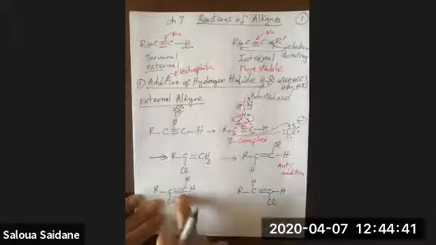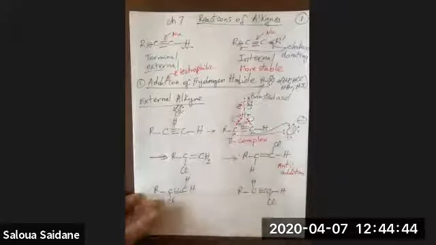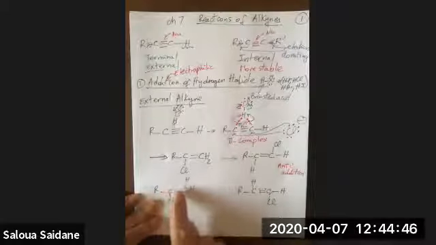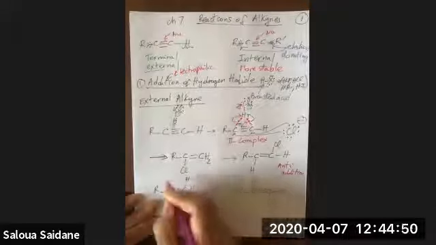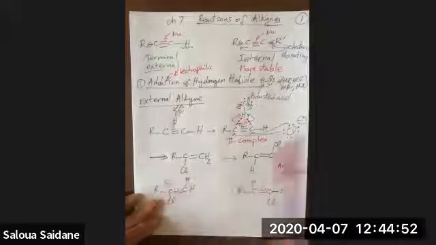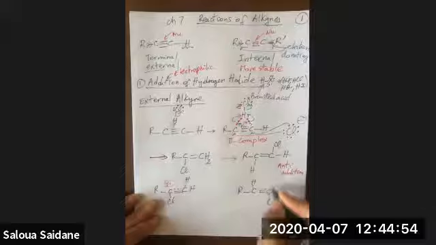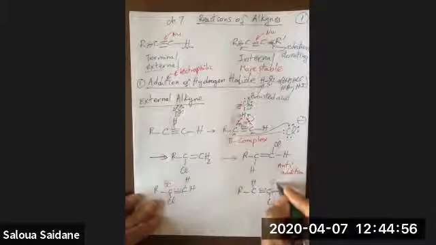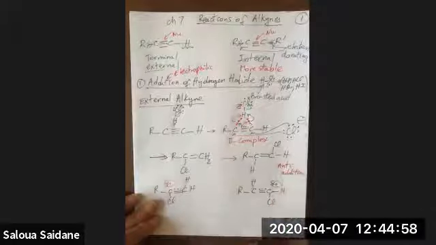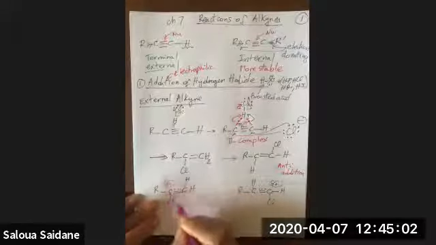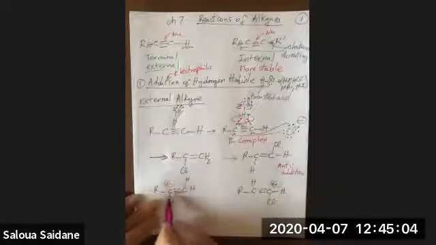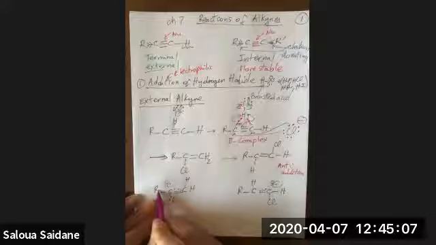Now you can see that in this case, when the hydrogen adds here, this is our carbocation, so this is a delta plus. And in this scenario, this is our delta plus. So it's obvious that this delta plus here, as you can see, is attached to two substituents.